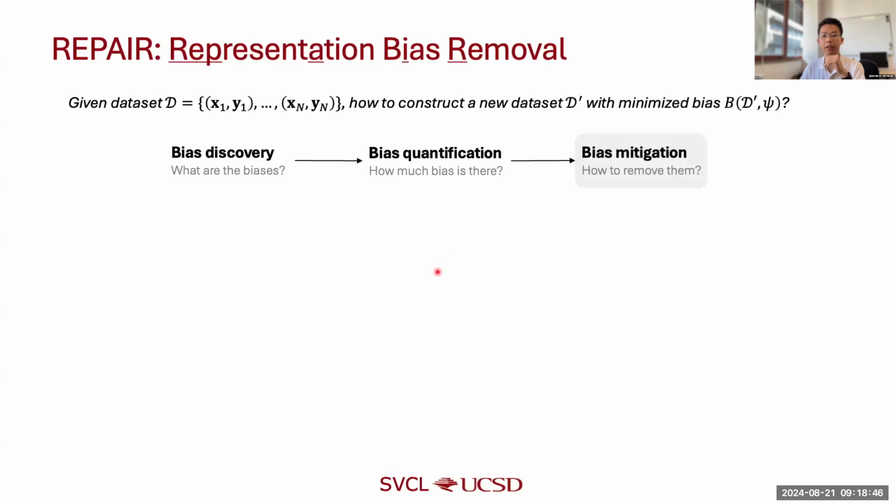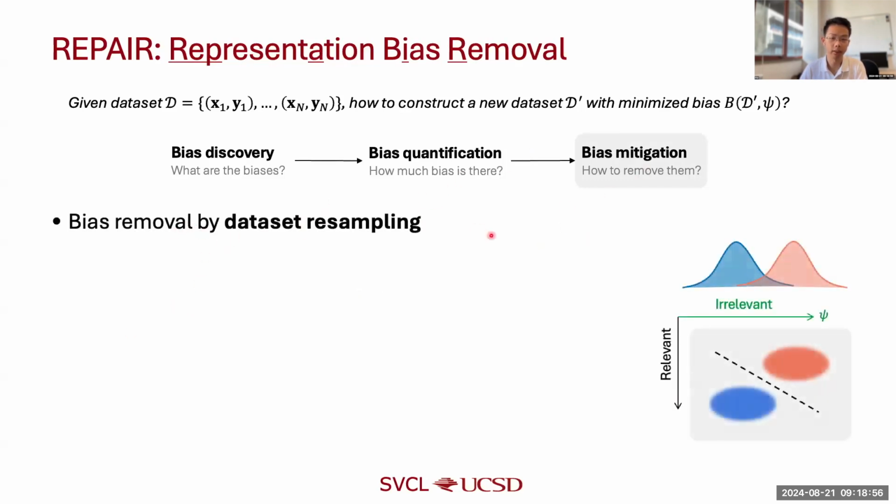So constructing a new dataset is nice, but can we also fix biases of existing datasets in a post hoc manner? So we studied dataset resampling as a way to achieve this. Consider this toy example of binary classification in a 2D space, where one of the two features, psi here, is considered irrelevant or spurious, so that we don't want our classifier to focus on it.